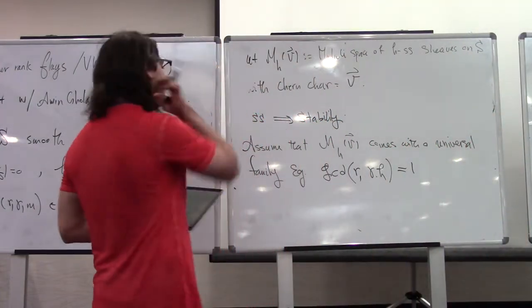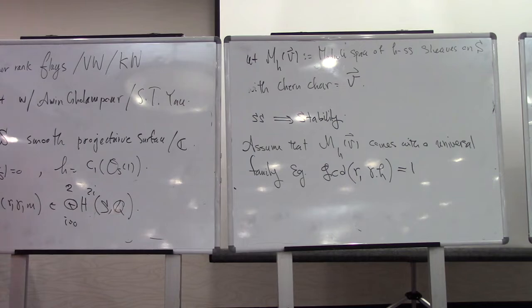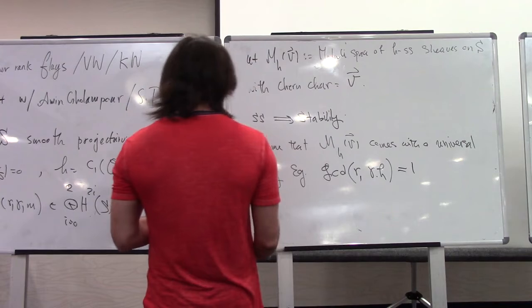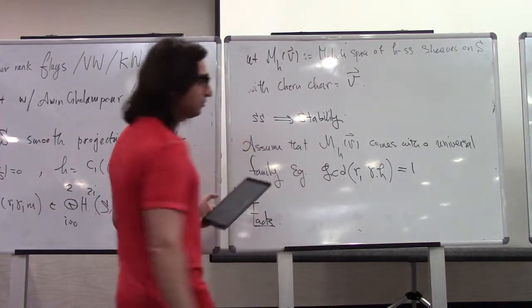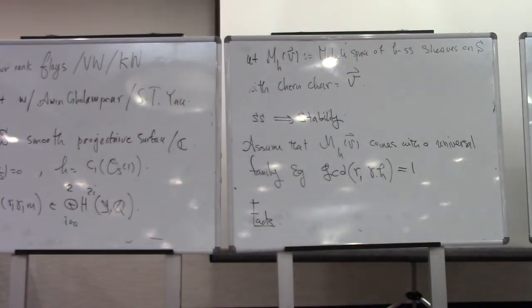Okay, so we are trying to define invariants, in particular sheaf invariants or Donaldson-Thomas invariants for this moduli space. These are facts which are known for a while now by the work of Richard Thomas and Simon Donaldson.